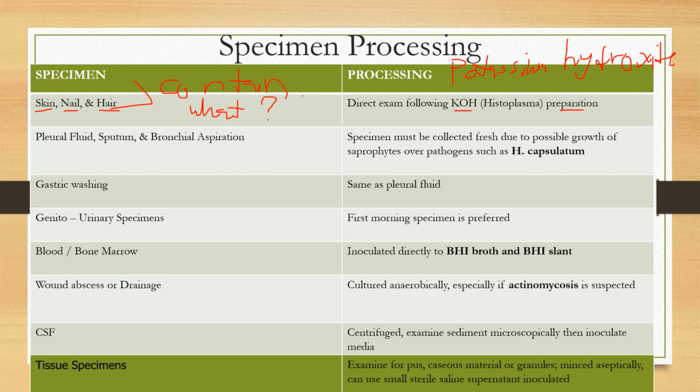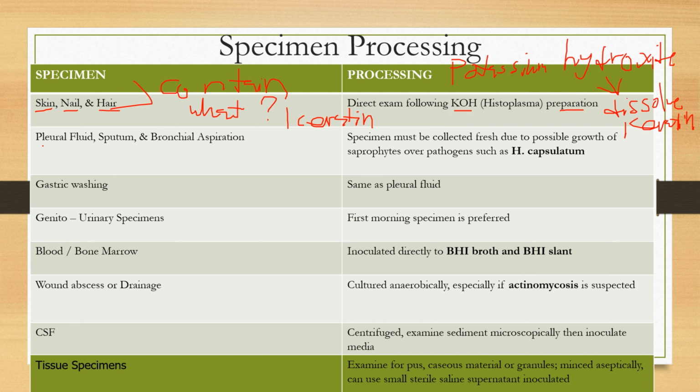So itong tatlo na to, class, they contain keratin. And the purpose of your potassium hydroxide is that it can dissolve keratin. So by dissolving keratin, you can easily look for the fungi.